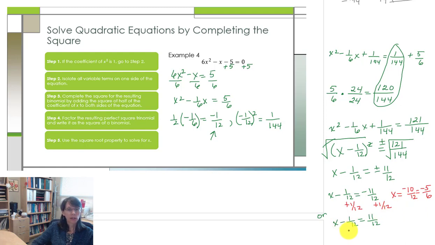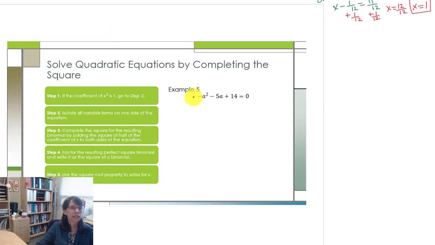For the other equation, again, I'll start by adding 1/12 to both sides. So 11 plus 1 makes 12. So it looks like we have 12/12. In other words, x equals 1. So one solution is x equals 1. The other solution, x equals negative 5/6.